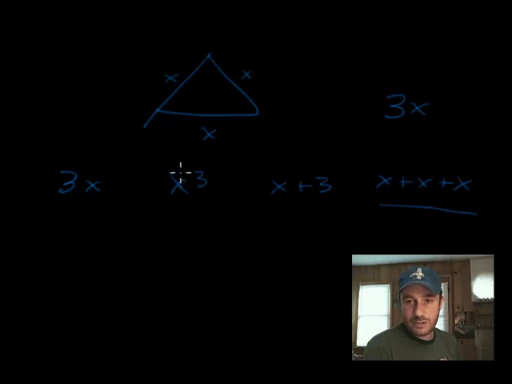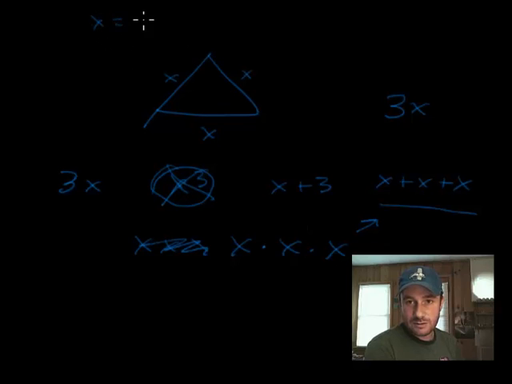X to the third power, which is the answer you chose, is not the correct answer. That would be x times x times x, which would yield a different answer than this one here. Let's just pretend that x equals 4, just for the sake of argument, okay? So if x equaled 4, the perimeter would be 4 plus 4 plus 4.